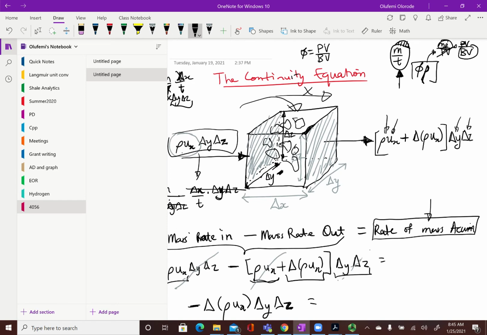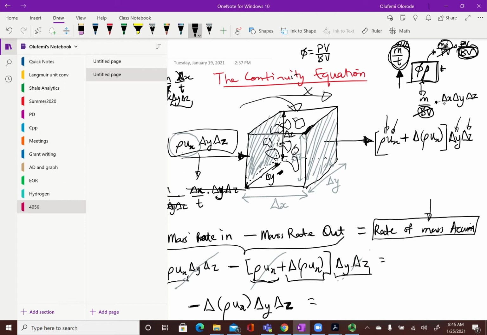So here is the mass of the fluid per unit bulk volume. And we're going to need to multiply it by something to get it into units of mass per time. So we need to get rid of the pore volume at the bottom, right? Because right now, this is mass of the fluid per unit bulk volume. So what's the bulk volume of the cell? Delta X, delta Y, delta Z, right?